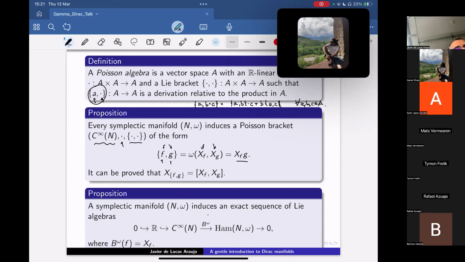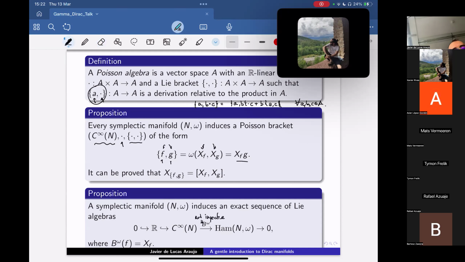And then what you have is a map which maps every function to its Hamiltonian vector field. This mapping is linear and it's well defined. It's uniquely defined, but it's not injective, as I said before, because functions differing by a constant have the same Hamiltonian vector field. So in general, this is not injective.